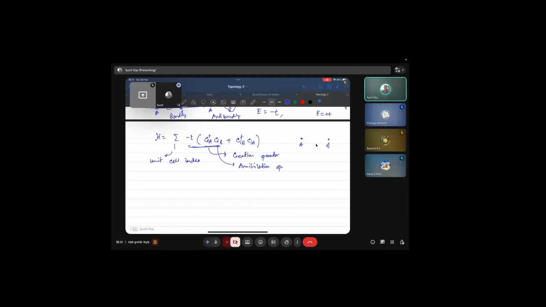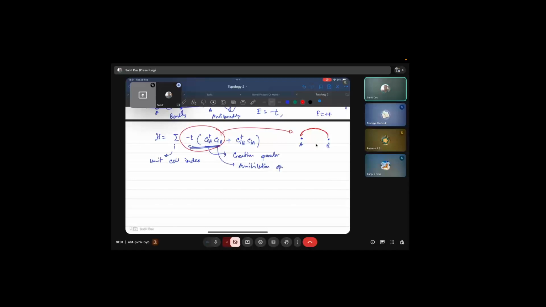This term explains that from the B atom, one electron is annihilated, and here one electron is created. This is equivalent of saying that one electron has been transferred, or hopped, from the B type of atom to the A type of atom. So this is equivalent to this picture.